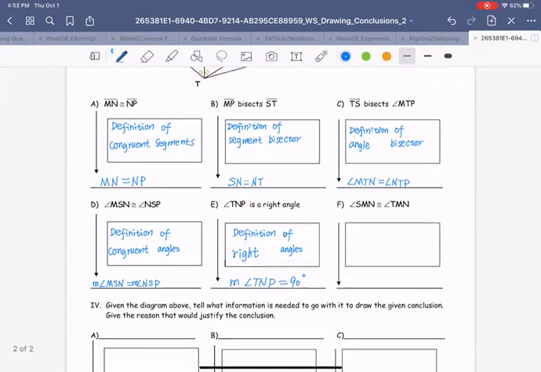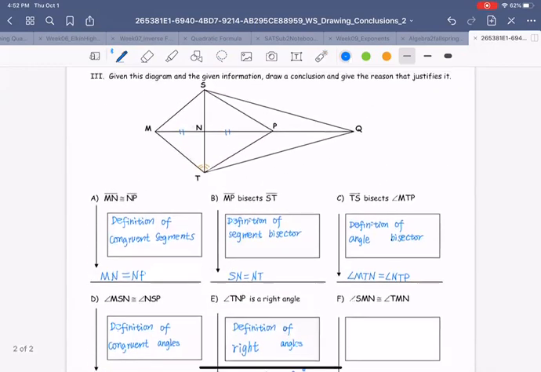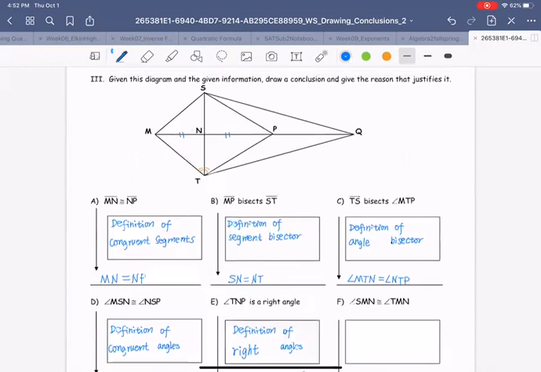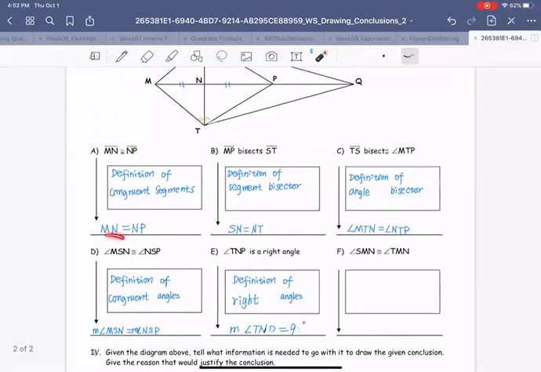That's this F. That is correct. This one is the same as this guy. Copy down the conclusion of D and tell me what you do over here. SMN, TMN.